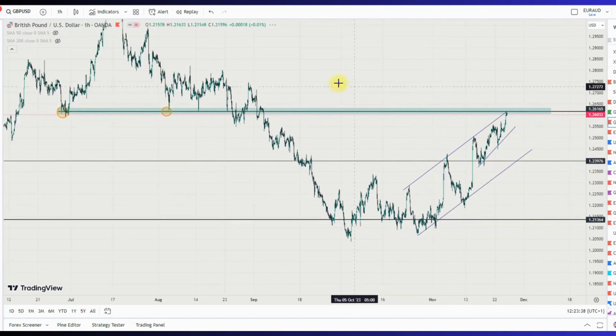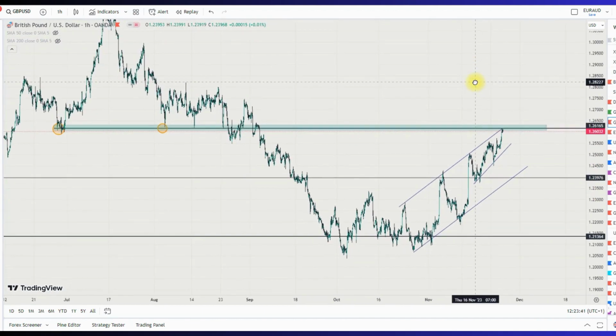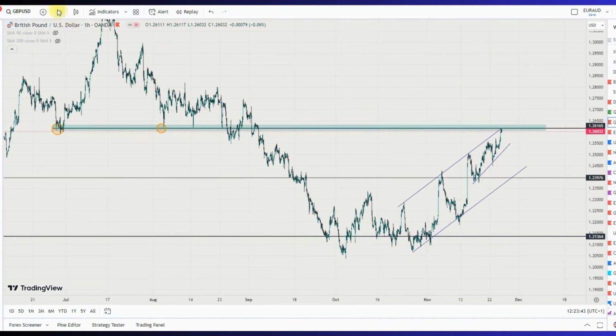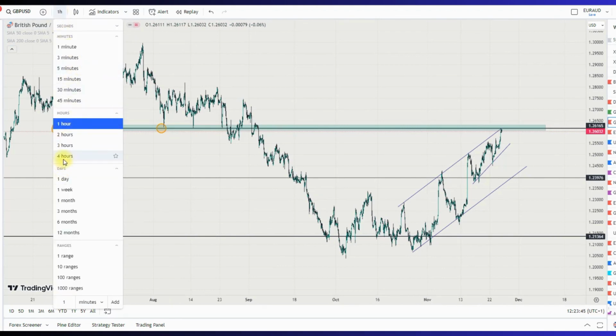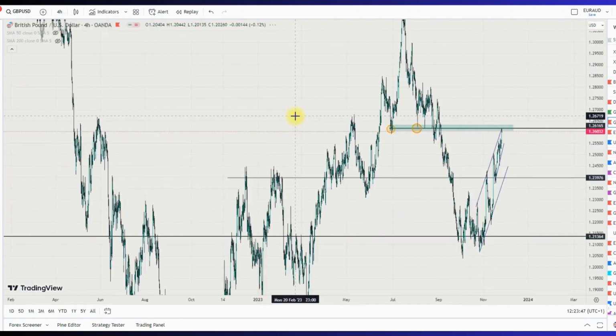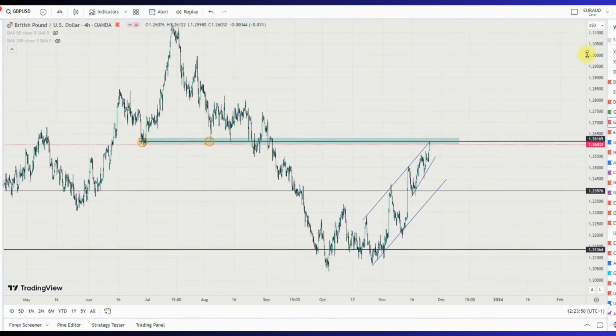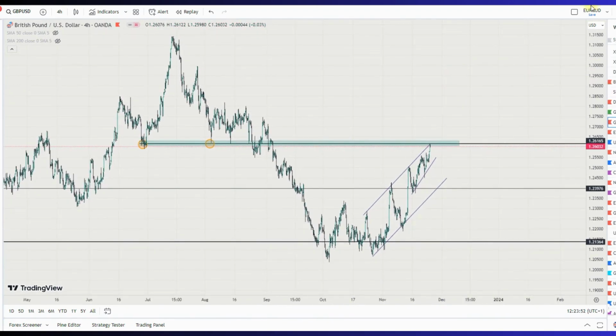Another pair I want to check is the pound US dollar. What we actually saw on the DXY might repeat itself in the GBP/USD. Here too, we have the low right here and the high right here, a significant low and a significant high.